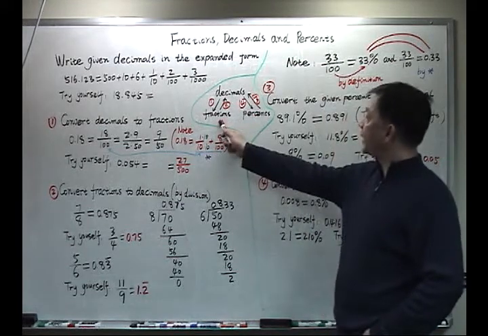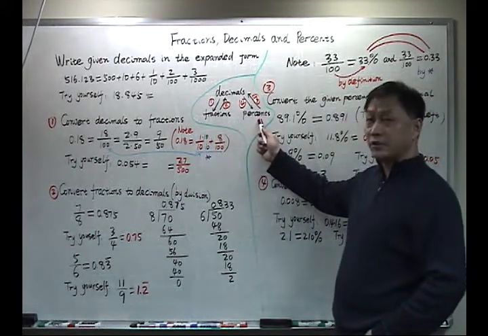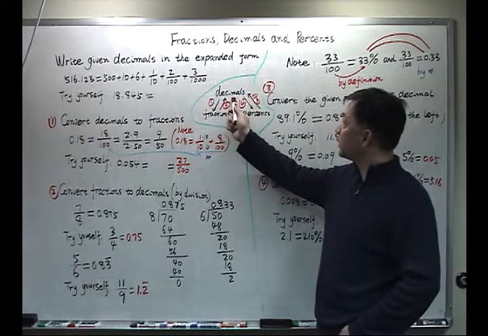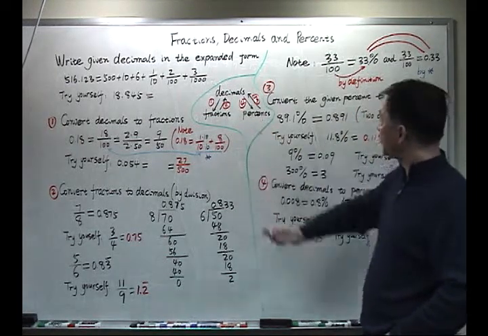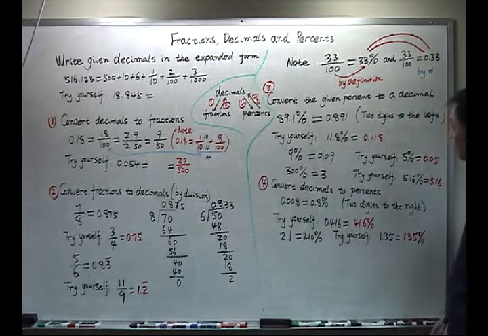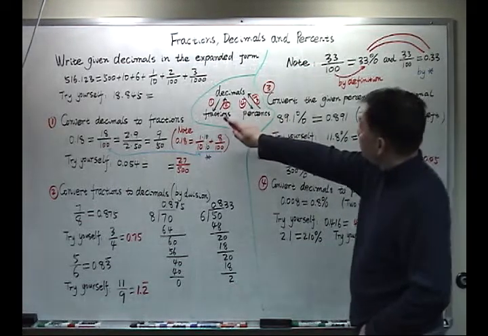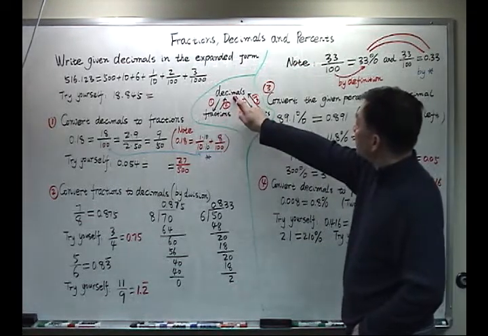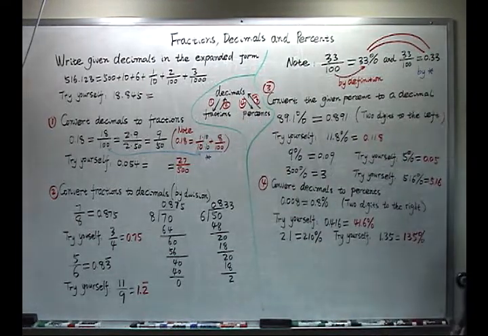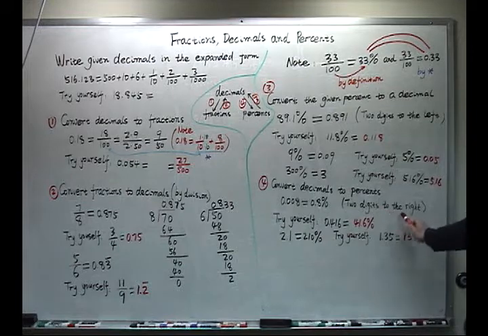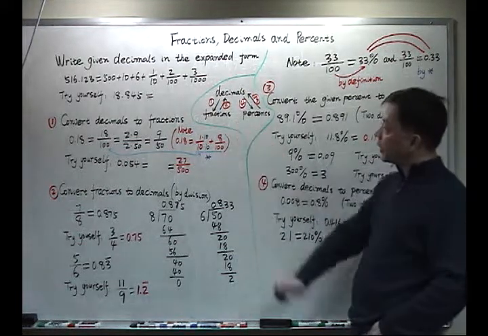How about from fractions to percents? You convert fractions to decimals, and then you shift the decimal point 2 digits. From fractions to decimals, then from decimals to percents, that would be 2 digits to the right. Okay? So here is the relationship.